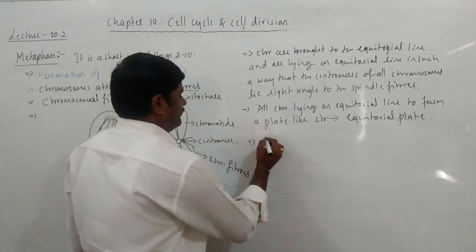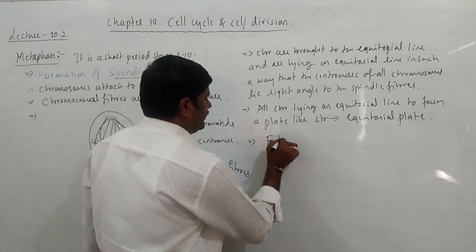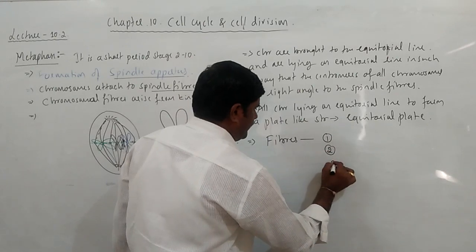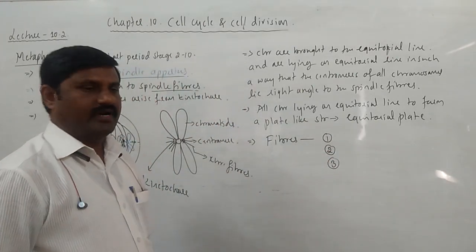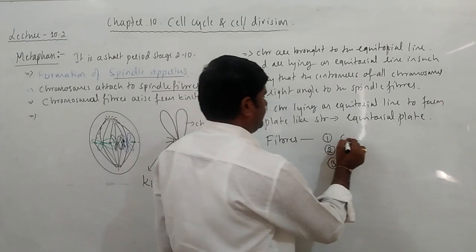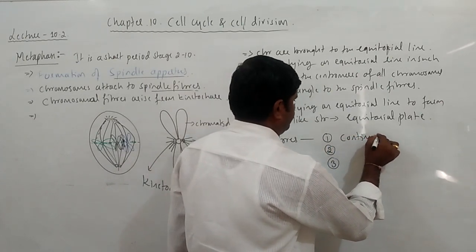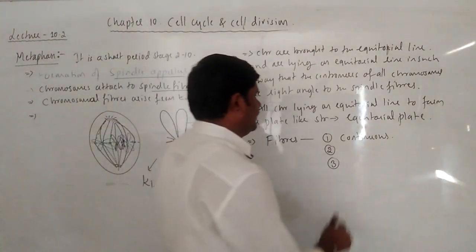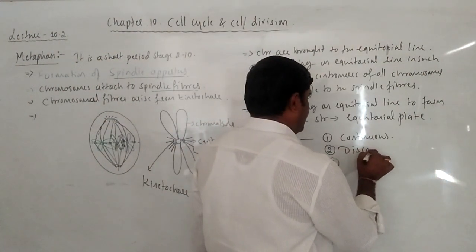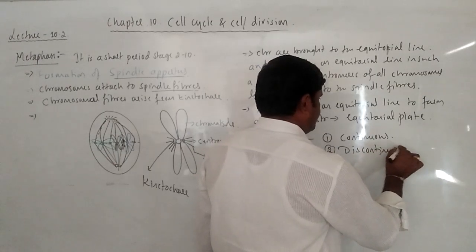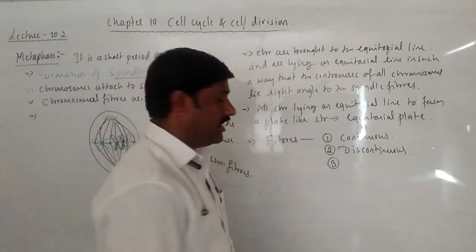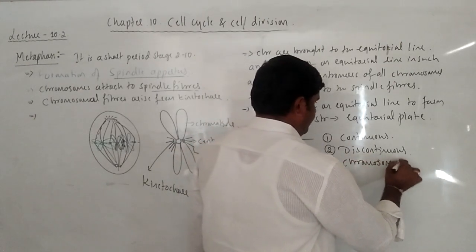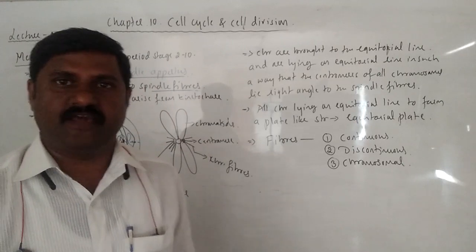So this is one. And the fibers, already I told you there are three types of fibers that we come across over here. What kind of fibers are these? One is continuous spindle fibers, second is discontinuous spindle fibers, and third is chromosomal fibers.